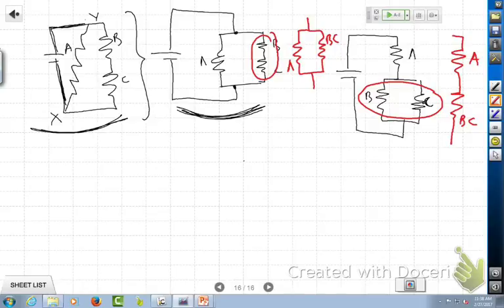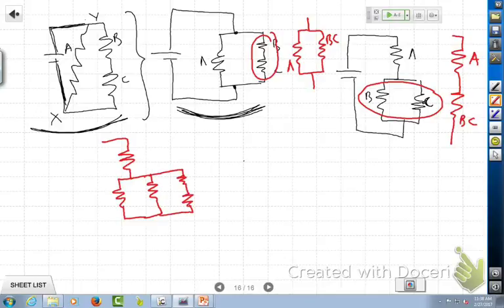So let me do a really complicated example. Let's label them A, B, C, D, E, and F. I want the equivalent resistance, bringing it down to one equivalent resistor.